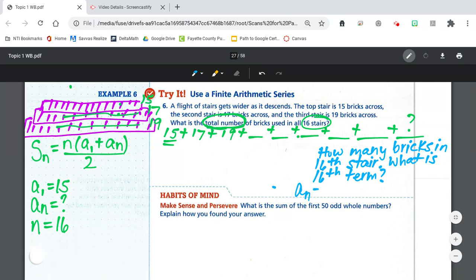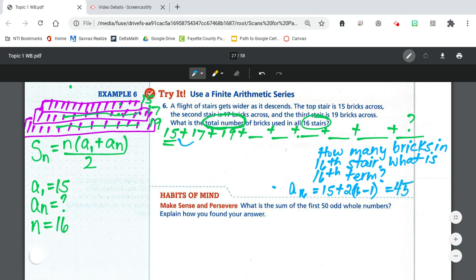A sub n equals the first term, 15, plus the common difference, it looks like we're adding 2, times n minus 1. But I'm wanting to know the 16th term, so I will substitute 16 in for the n's. So I'll type in 15 plus 2 times 16 minus 1, and I'll get 45.